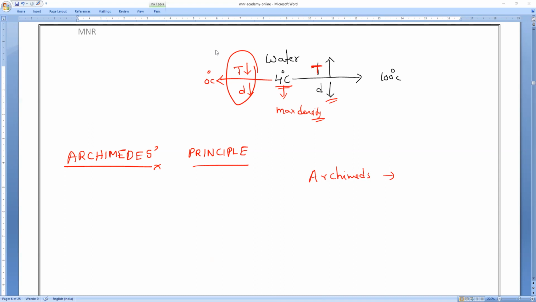He found that whenever a body is immersed in a liquid, immediately it will experience some force. Can anybody tell what that force is, everyone? Yes, please. Very good.